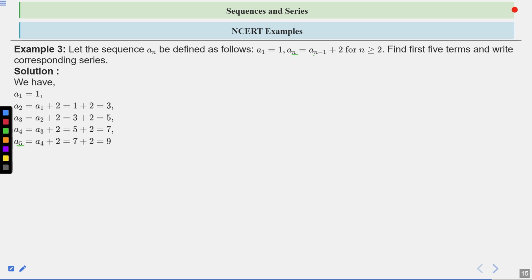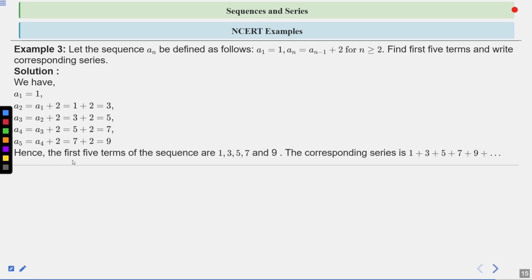So a5 is a4 plus 2. a4 is 7, 7 plus 2, so 9. The fifth term is simply 9. So now you have your first 5 terms: 1, 3, 5, 7, 9.